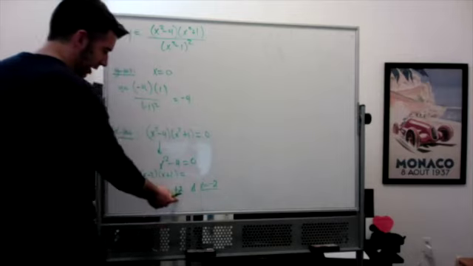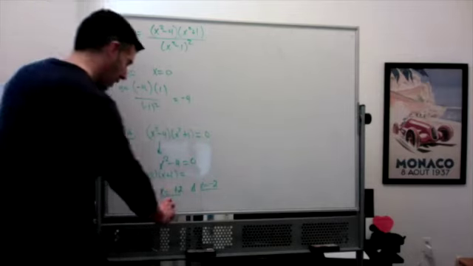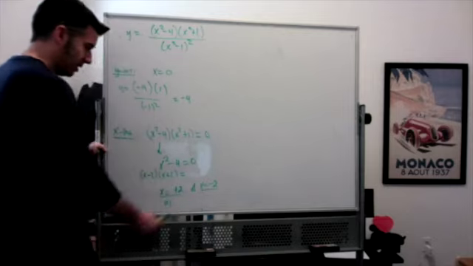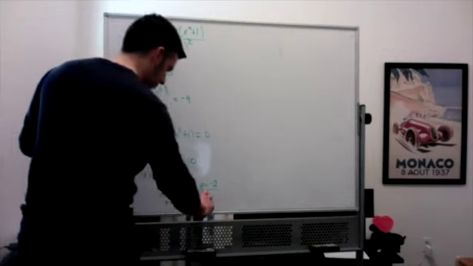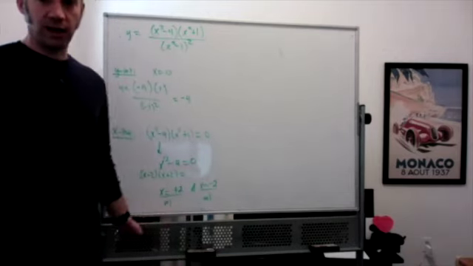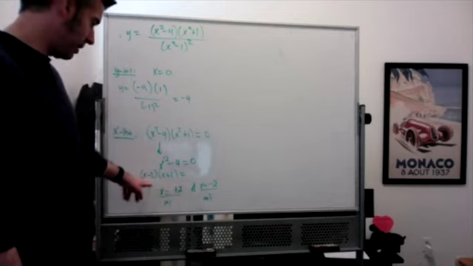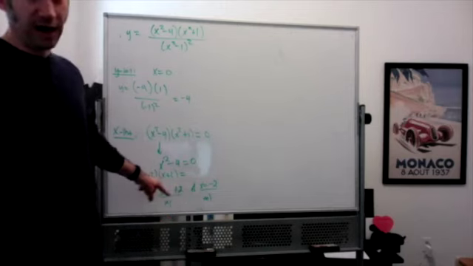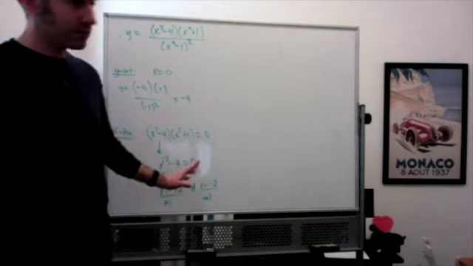So x equals positive 2, which came from this factor, x minus 2, has a multiplicity of 1. And x equal to negative 2, which came from this factor, also has a multiplicity of 1. It is important that you recognize which intercept came from which factor. x minus 2 equal to 0 gives you x equal to positive 2. x plus 2 equal to 0 gives you x equal to minus 2.